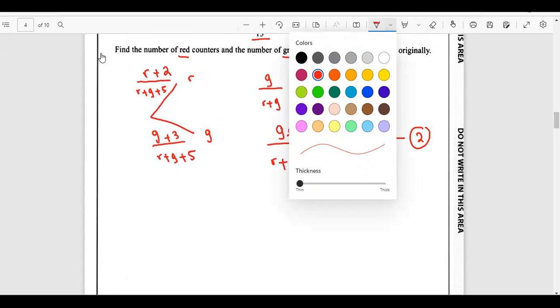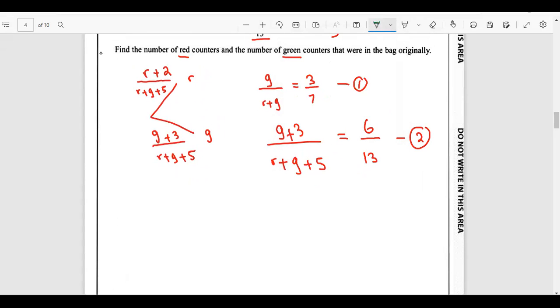So let's just simplify these. I'll talk about one first. So I can cross multiply, and this would give me 7G equals 3 into R plus G. This is the first equation. I'll simplify it a bit. So this would give me 7G equals 3R plus 3G.